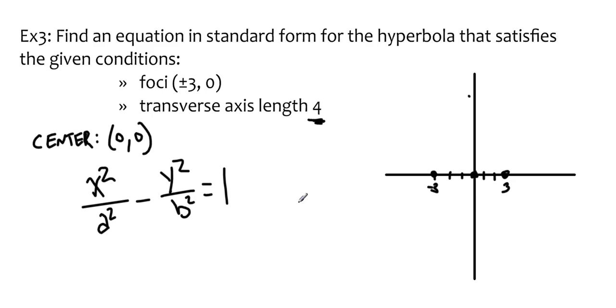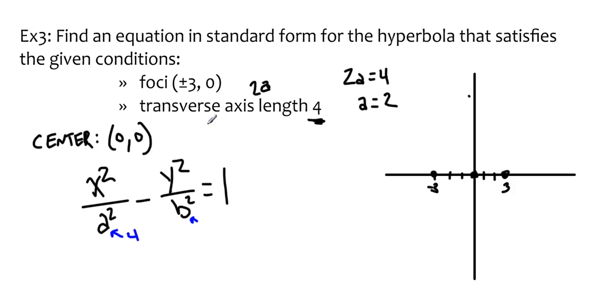Remember our transverse axis is 2a, so if 2a is 4, then that tells us that our a value is 2. If we want a squared, then our a squared value is 4, because 2 squared is 4. Now we just got to find our b value.